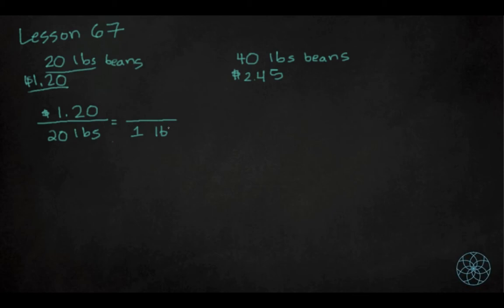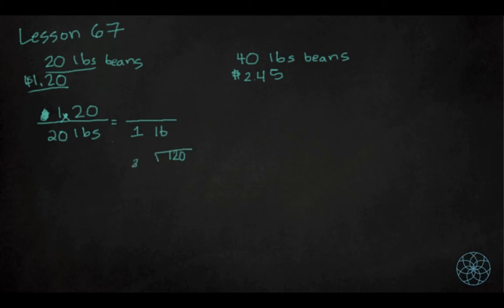Well, if you think of all the different ratio work we've been doing, the proportions, you know we can cross multiply. So let's just change this to cents. We know that $1.20 is 120 cents. So what is 120 cents times 1? Well, that would be 120. And then we need to divide that by 20.